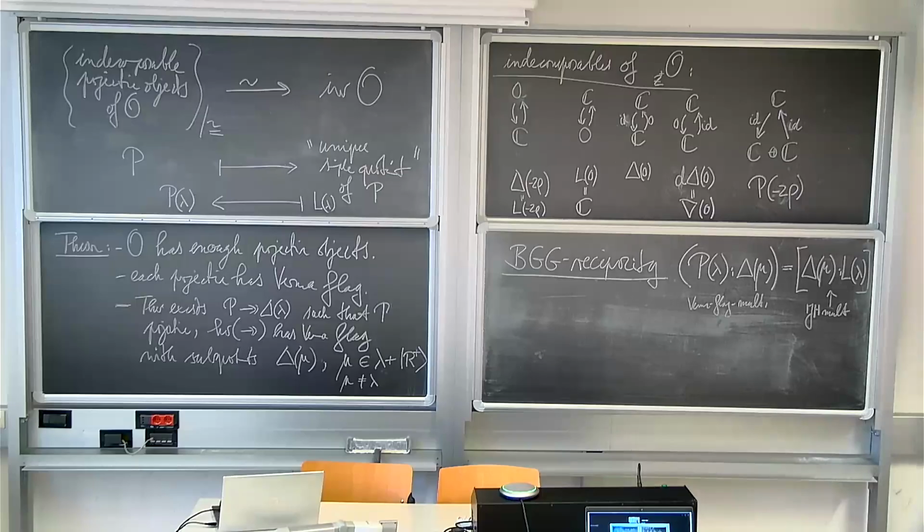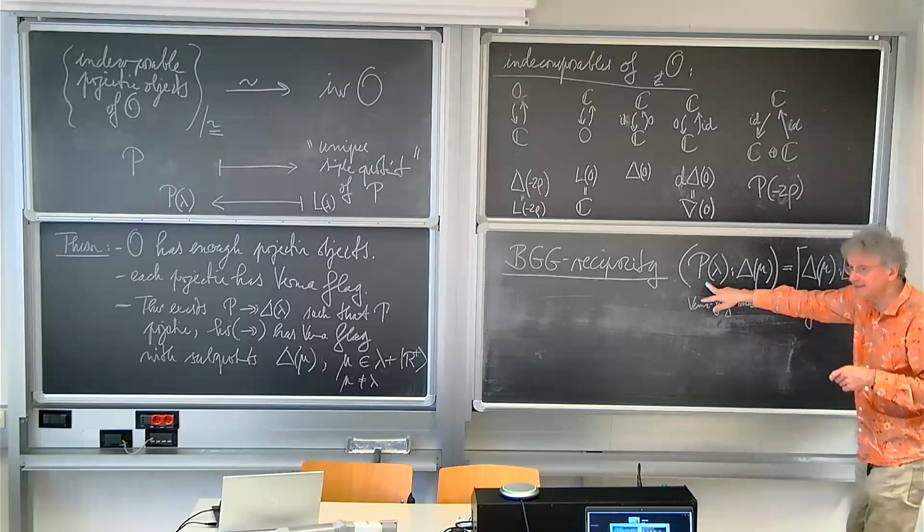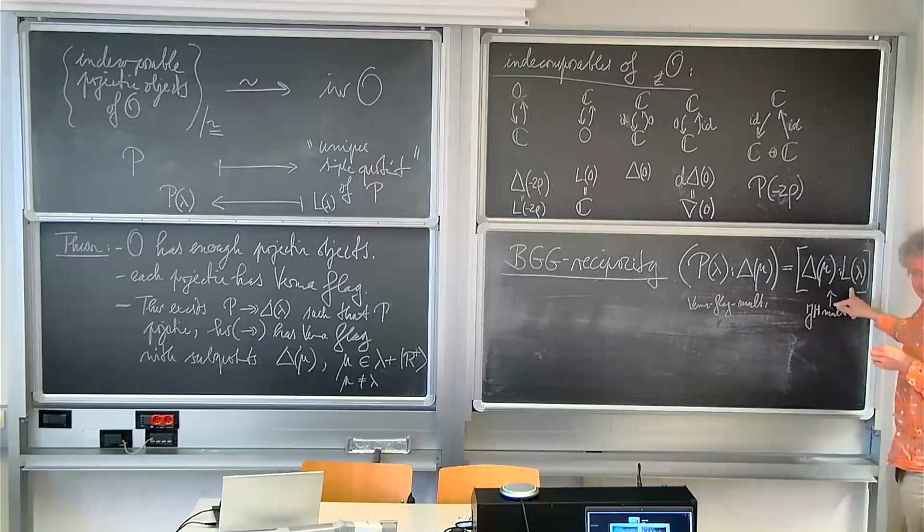This is the following phenomenon: if you take the representations of a finite group in positive characteristic, then this is an abelian category, and there are enough projectives. And so you also have the indecomposable projective covers of the simple objects. So these P lambdas exist, and the simple objects exist as well.